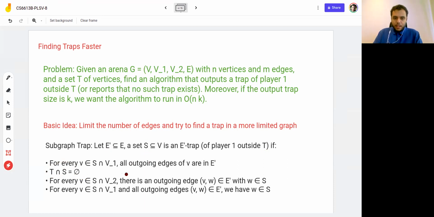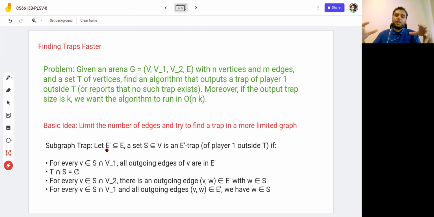Well, first of all, whenever we have a player 1 vertex inside our trap, inside S, we want to be sure that all of the outgoing edges are in E prime. Why? Because if there is an edge that goes from a player 1 vertex and that edge is not in E prime, then player 1 can take that edge, and basically, this enables player 1 to escape E prime, right?